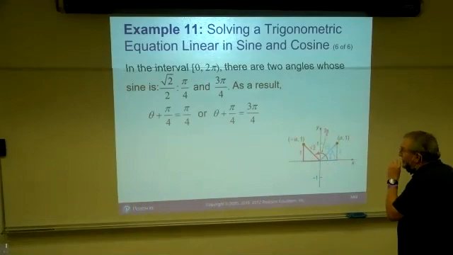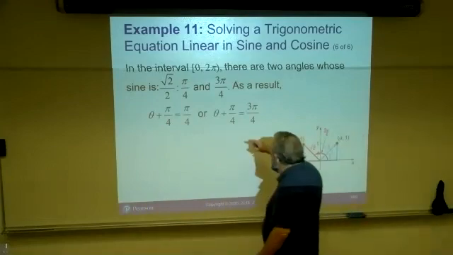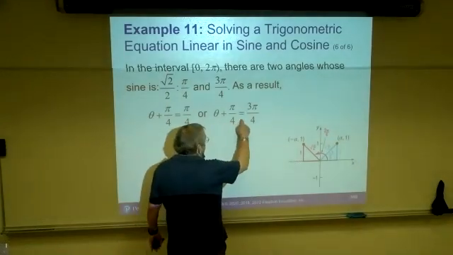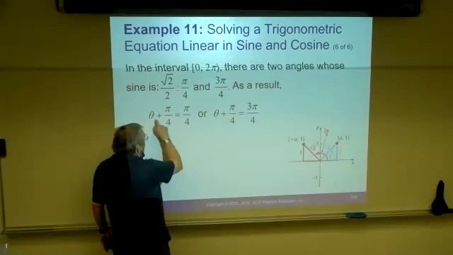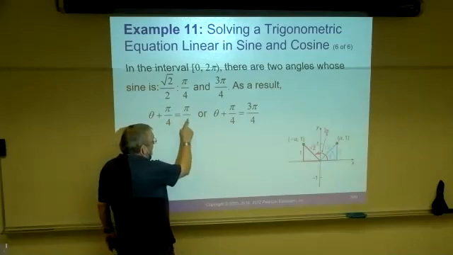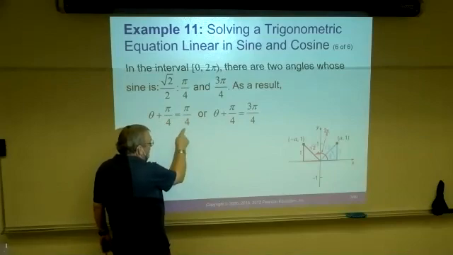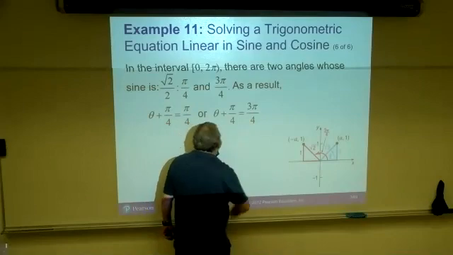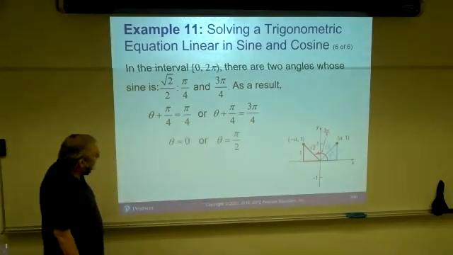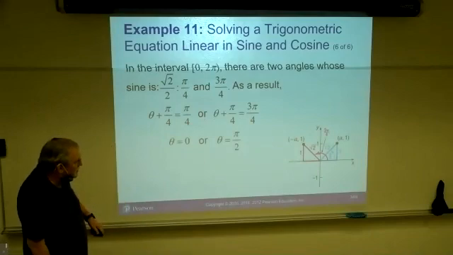So theta plus pi over 4 is 3/4 pi, and theta plus pi over 4 is pi over 4. So you subtract pi over 4 from both sides of the equation here, and you subtract pi over 4 from both sides of the equation over here. And then you get theta is 0 or theta is pi over 2.